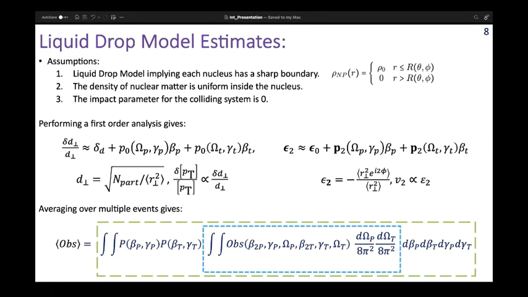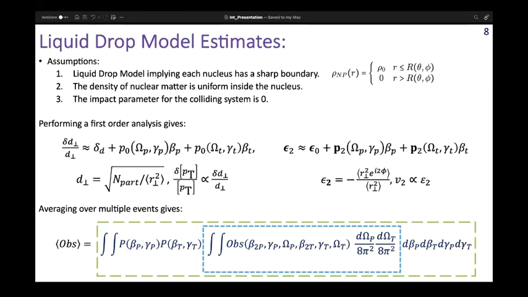If you perform a first order analysis, these are the two variables which are of our interest. The first are the relative fluctuations in inverse transverse size. The reason that this initial state parameter is useful is because it is proportional to fluctuations in transverse momentum in the final state. The second observable is the eccentricity, and it is useful as it is proportional to the elliptic flow in the final state.